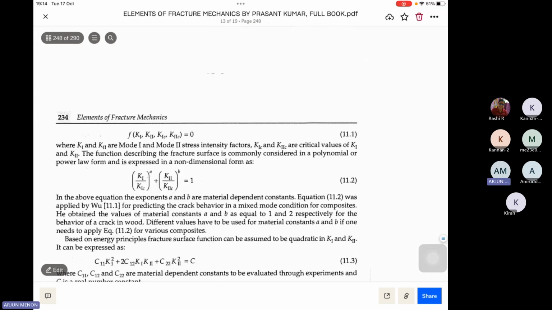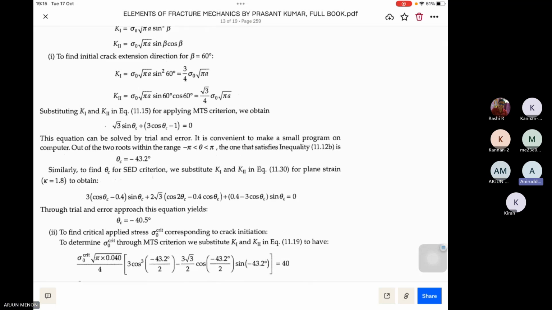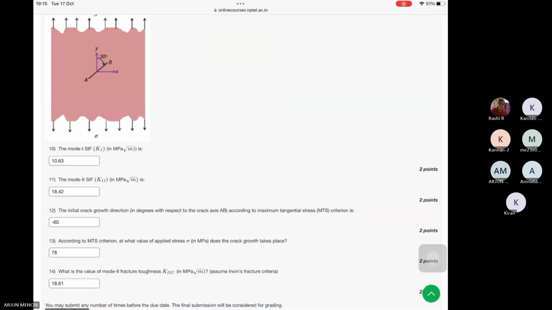I'm not able to find the formula here; I think it's there in the notes only. Yes, tan theta m by 2 is equal to 1 by 4 of k1 by k2 plus or minus 1 by 4 square root of (k1 by k2) whole square plus 8.